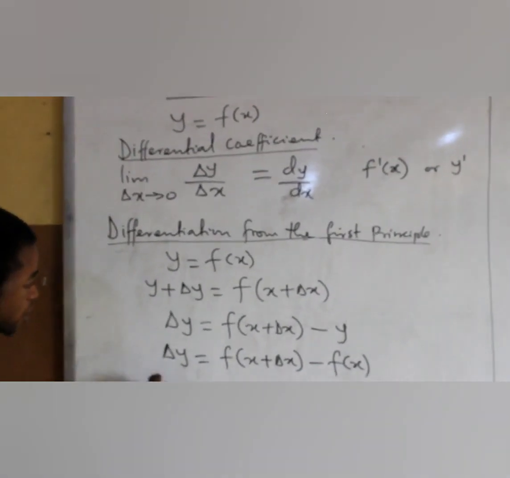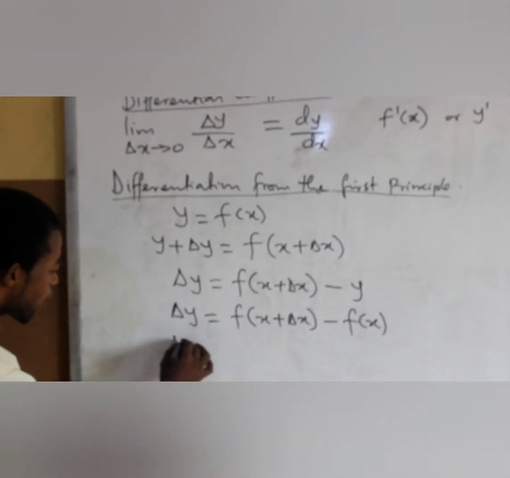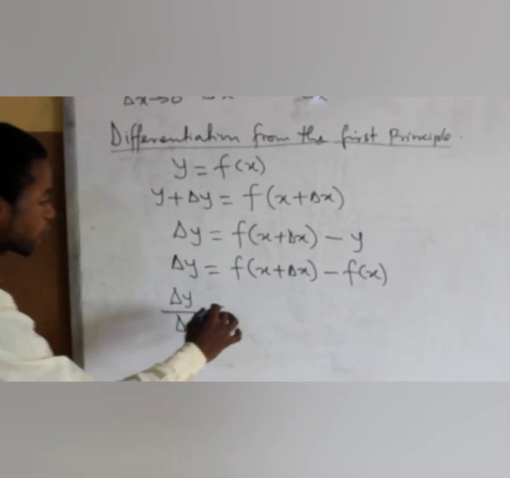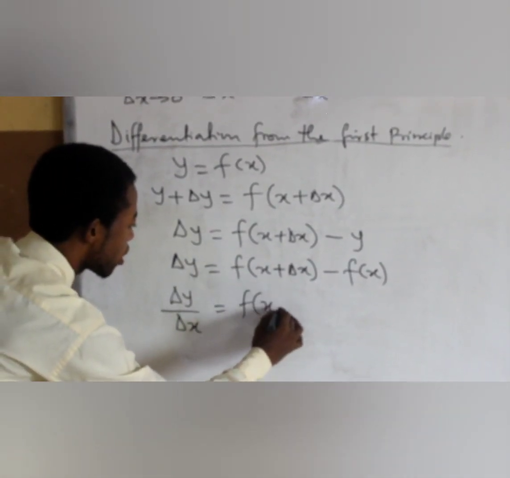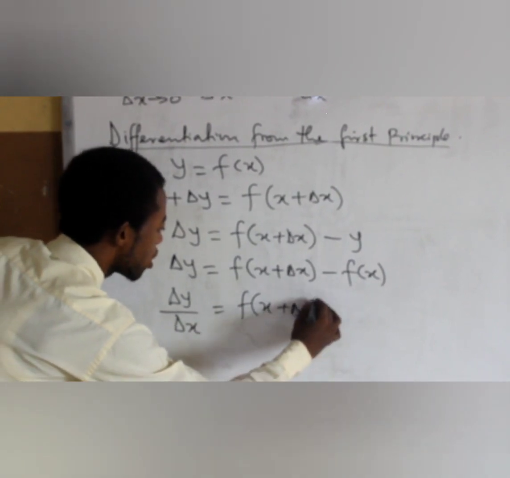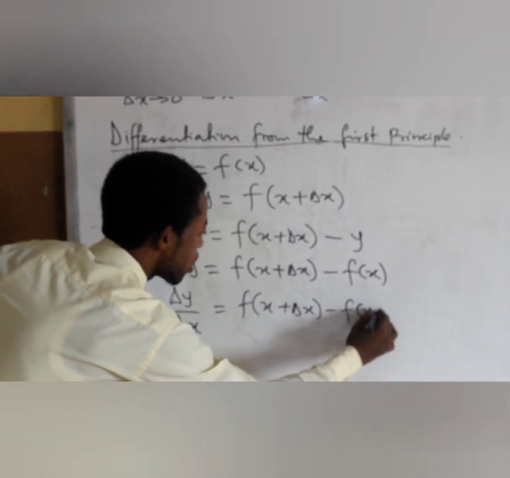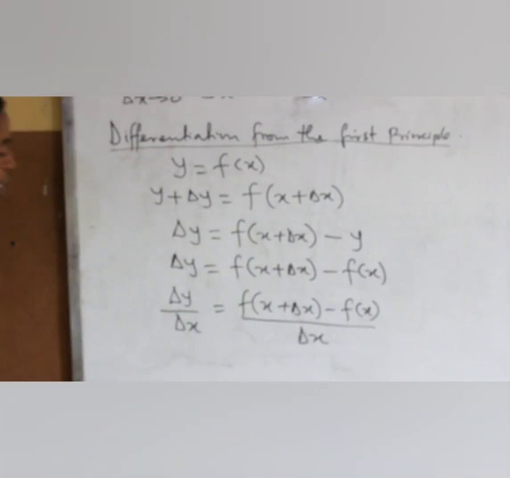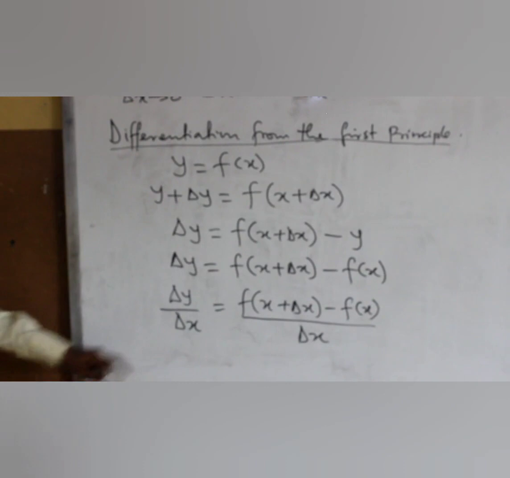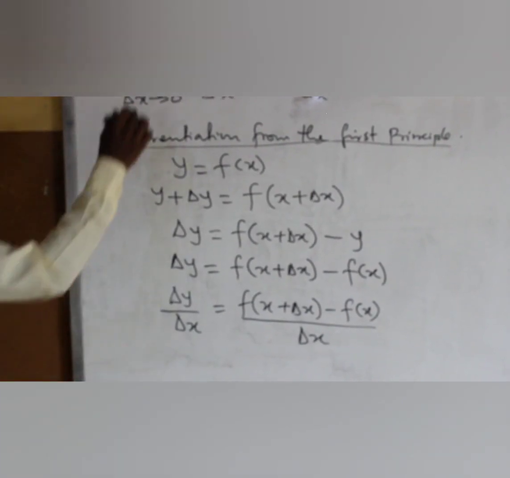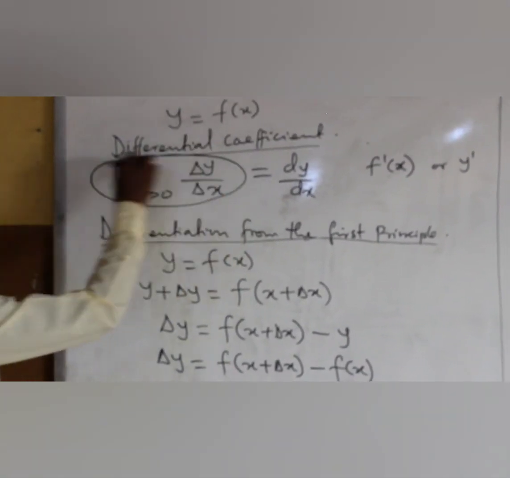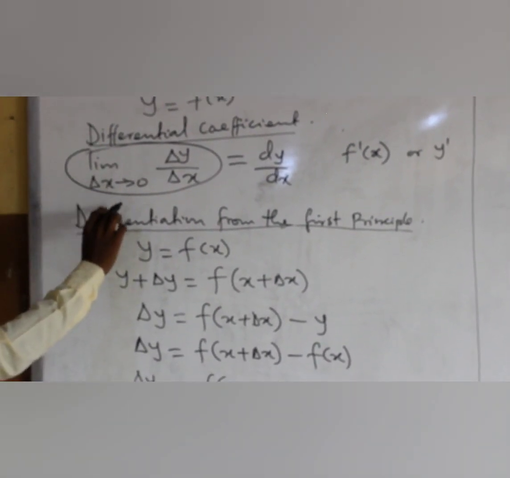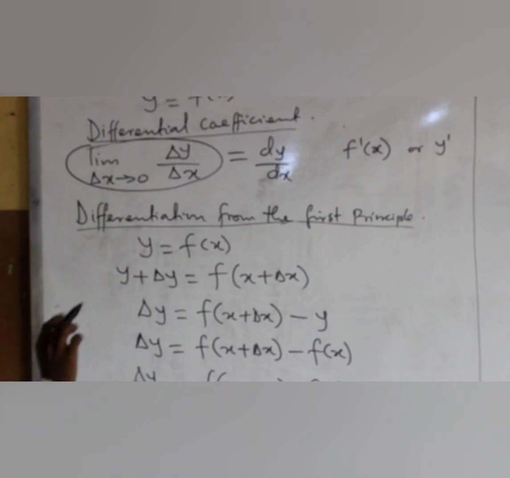This equation will become delta y over delta x equals f of x plus delta x minus f of x, everything over delta x. Now, we already have our delta y over delta x, and from the definition of the differential coefficient, this is what we have. So what remains for us to introduce now is the limit as delta x tends to 0 on both sides.